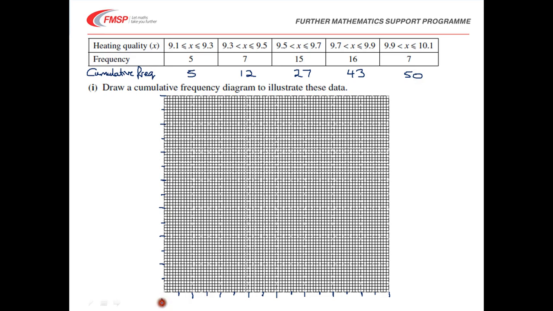We'll then label our axes 9.0, 9.2, 9.4, 9.6, 9.8, 10.0 and 10.2, and up the side 10, 20, 30, 40, 50. And this, you must label everything. That's cumulative frequency, and this is heating quality, whatever that means.